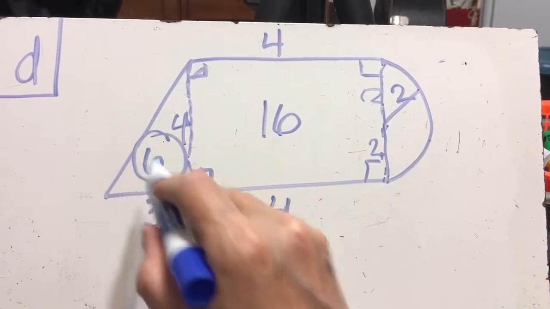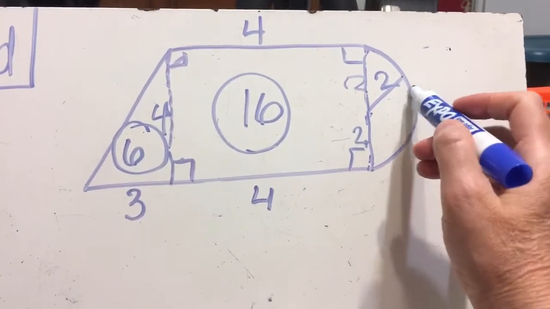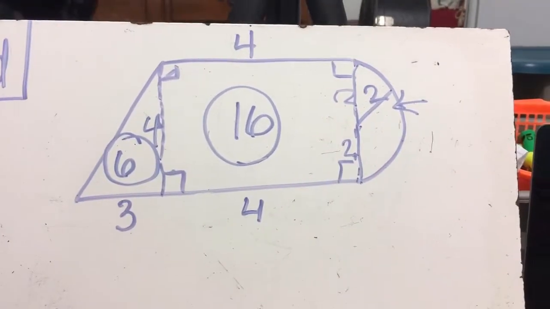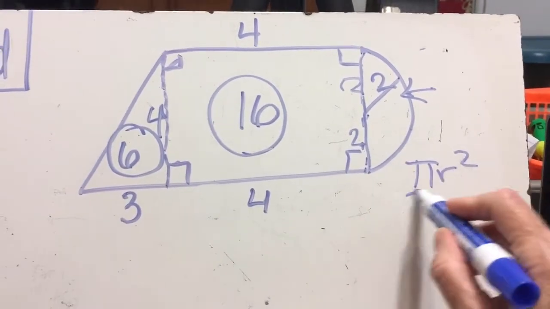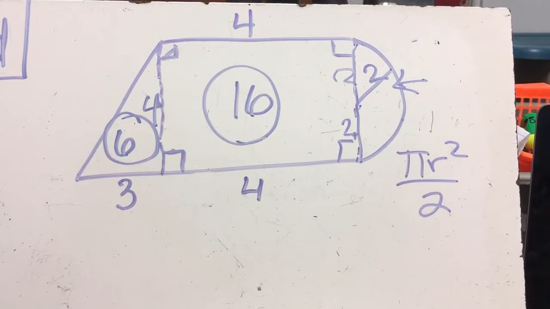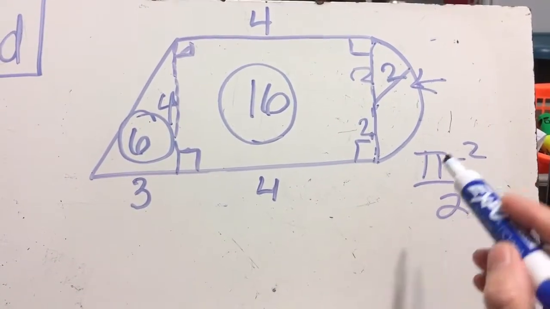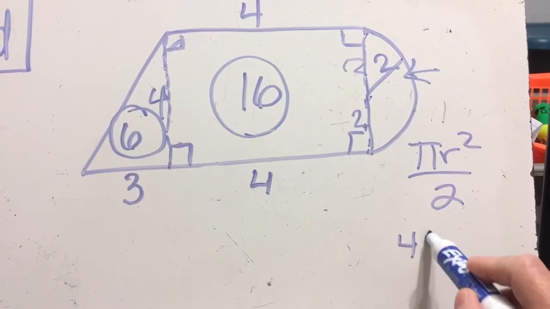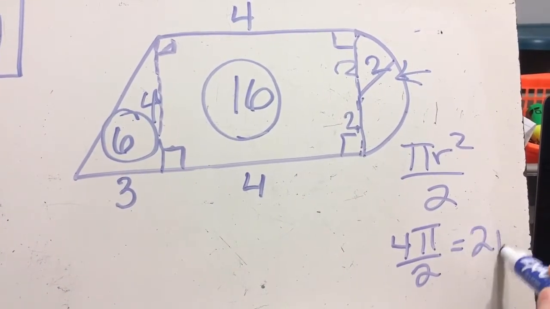So the area in there is going to be 6 square units, 16 square units, and then over here we have a little half circle. So we will have pi r squared divided by 2 because the circle is cut in half. The r is 2, so r squared will be 4, and 4 pi over 2 is 2 pi.